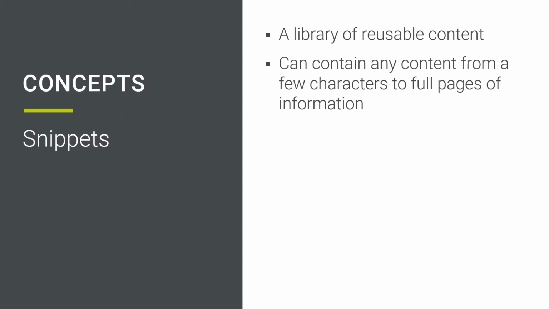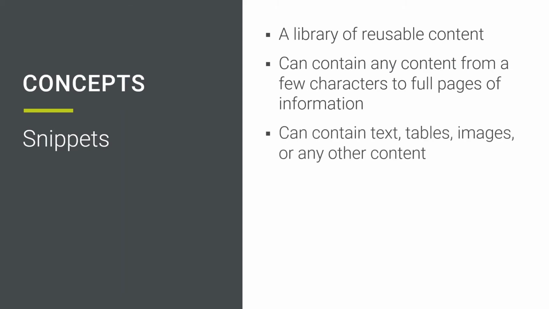And a snippet can contain any type of content: text, tables, images. So maybe there's a subsection. Maybe I have a heading 3, under that an explanatory paragraph, under that a heading 4, and under that a table. I can combine that whole section into a reusable snippet if I need to or if I want to.